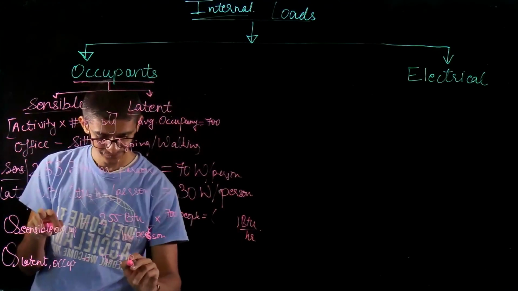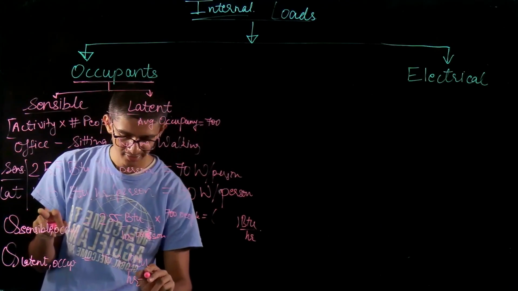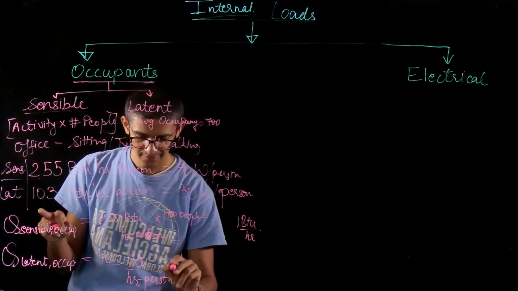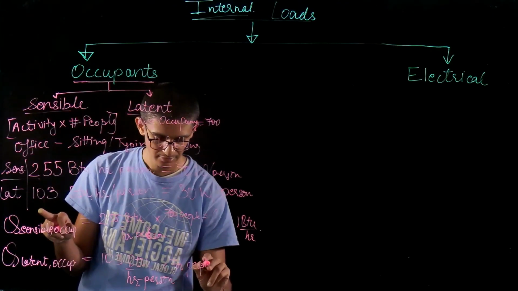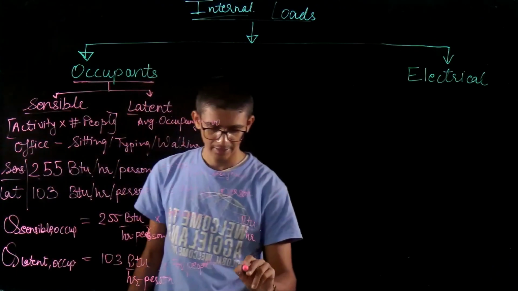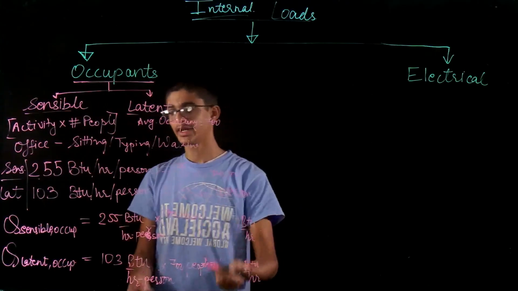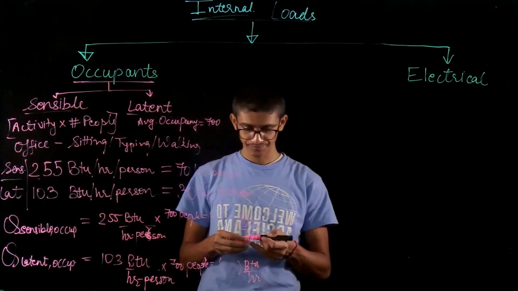That's very important. Writing units is going to be extremely important in this module. And that's how we get the total sensible occupant load and latent occupant load.